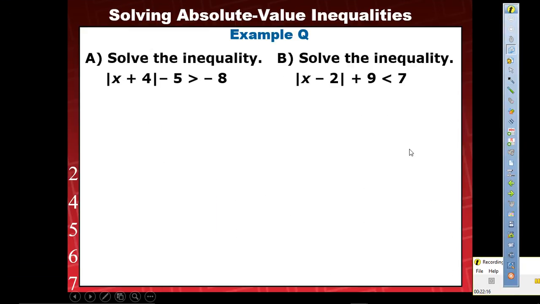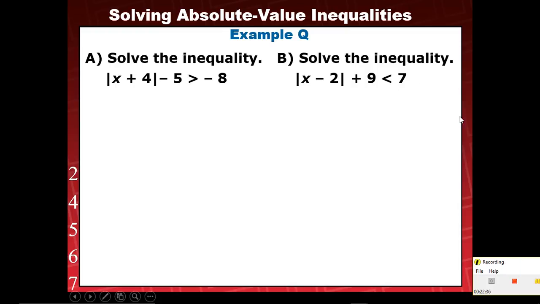Last two. Copy these. Well, last two of these kind. Copy those side by side, please. We have for A, absolute value x plus 4 minus 5 greater than negative 8. And for B, absolute value x minus 2 plus 9 less than 7.